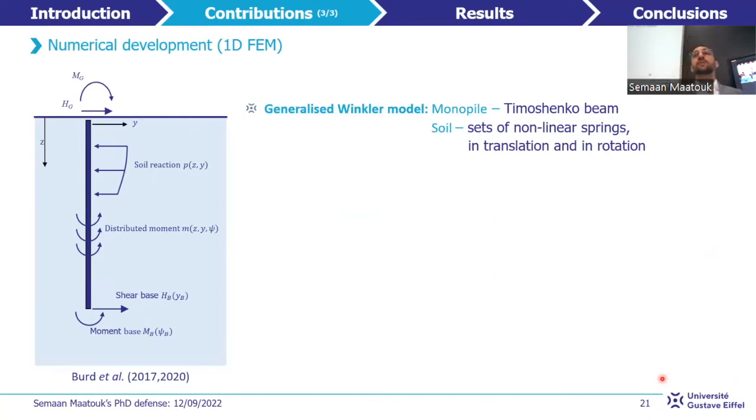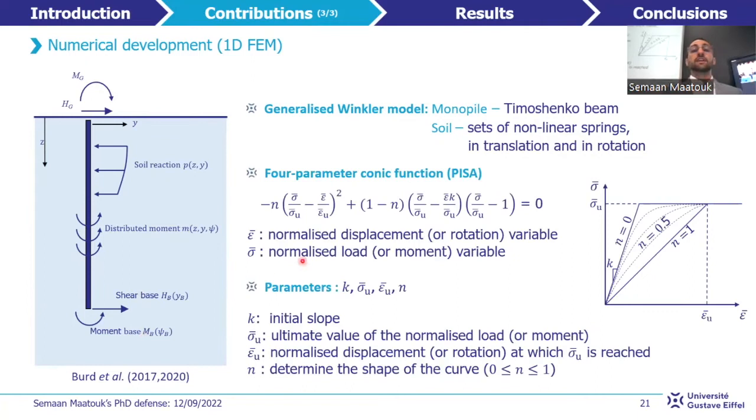And finally, as a final contribution, a one-dimensional finite element model is encoded in order to compare the experimental results with those obtained by the PISA method. The 1D approach is based on a generalized Winkler model, where the monopile is modeled as a Timoshenko beam with a horizontal load HG and a bending moment MG applied at the ground surface, and the surrounding soil by sets of nonlinear springs in translation and in rotation, with four different components that are modeled as dimensionless conic functions.